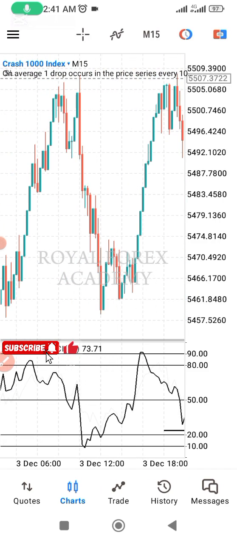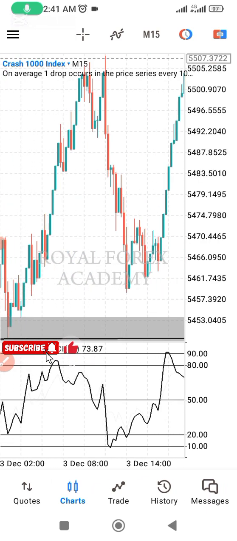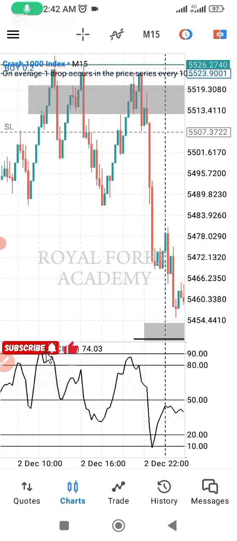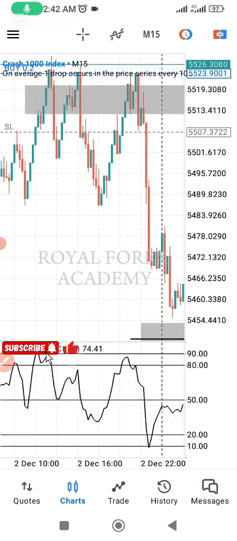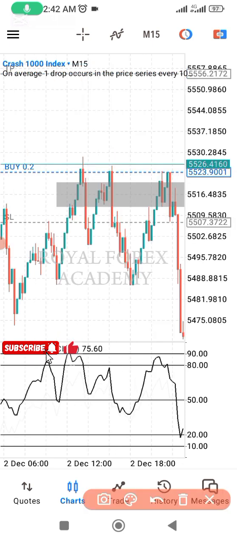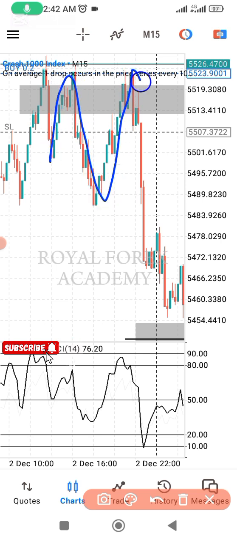Okay, and look at this. For this sell, this is the zone we have marked out earlier. Okay, for this sell to happen, you can see that we have this pattern playing out. And when this was happening, you will notice the movement of your indicator. You see that? And look at your commodity channel index.